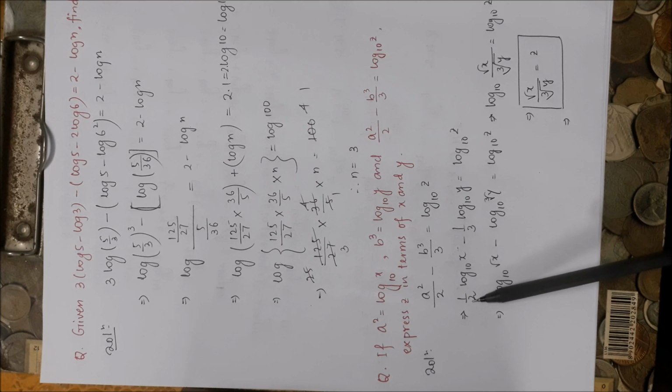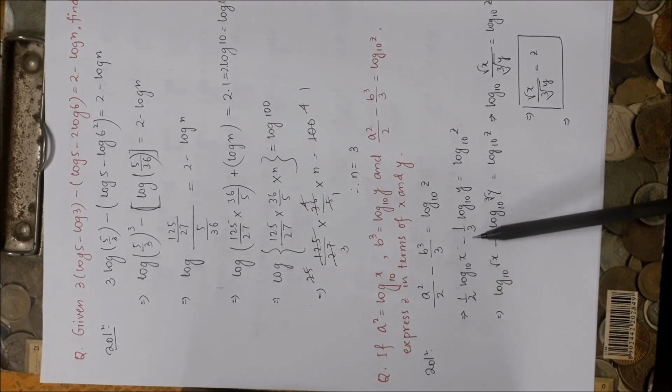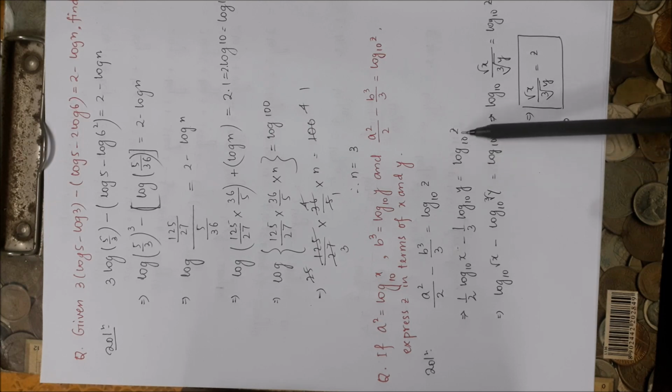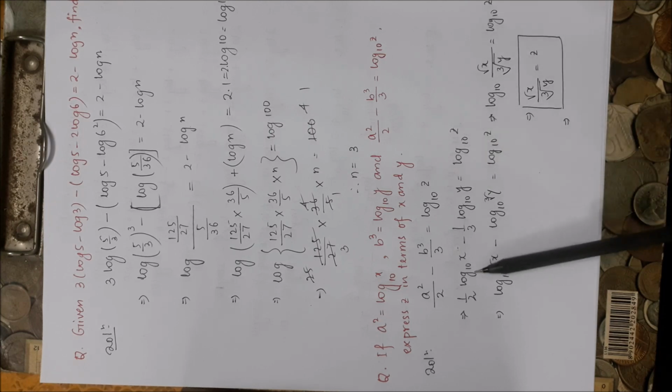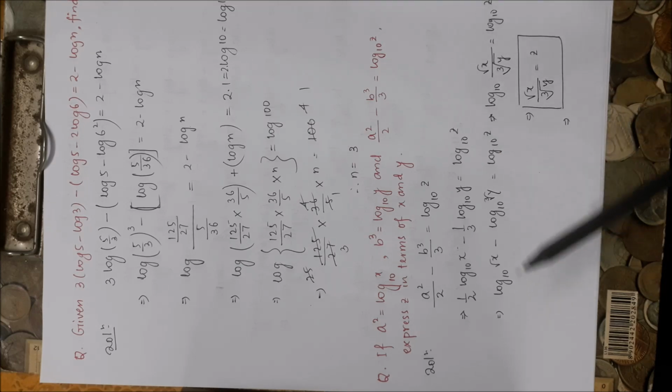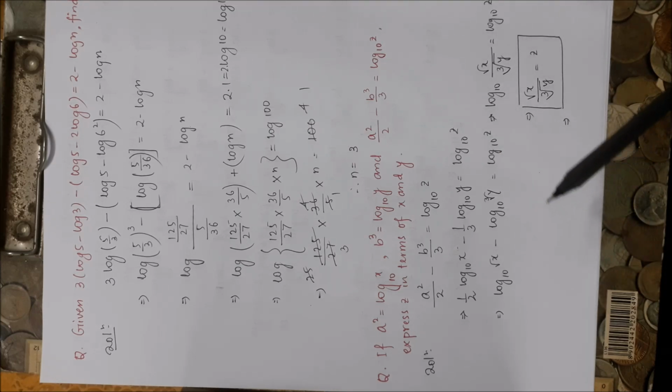So we'll get 1 by 2 log x minus 1 by 3 log y equals log z. Here I am not mentioning the base, as 10 as a base is considered the standard base in logarithms.